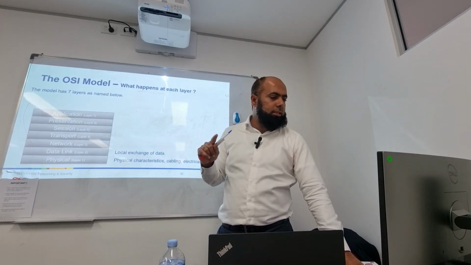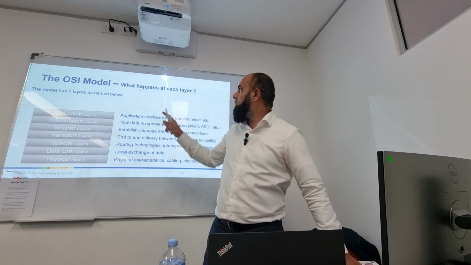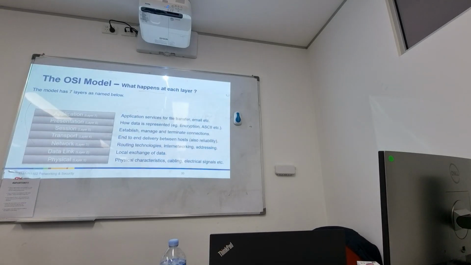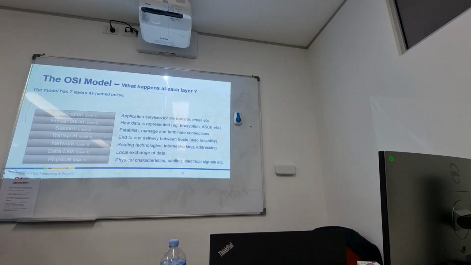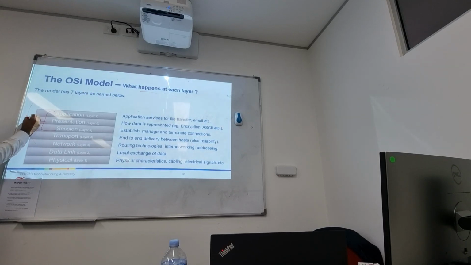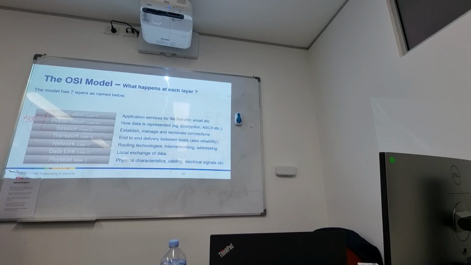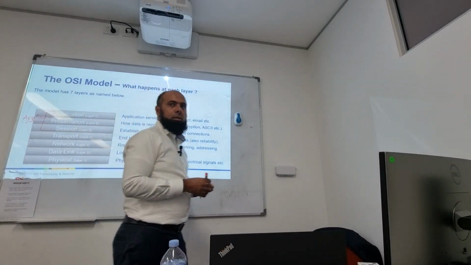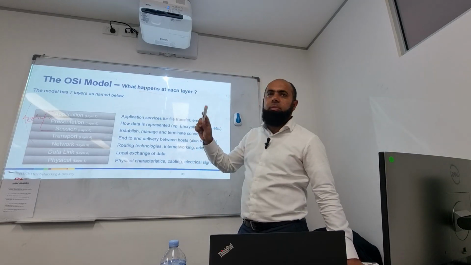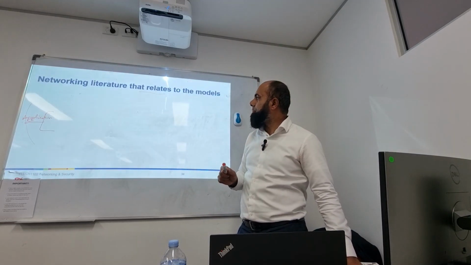Whereas in the OSI model there is another thing: one is the TCP model, another is the OSI model. The only difference is that these 3 things are taken as one in TCP. The rest is almost the same. So these are the differences between OSI and TCP.